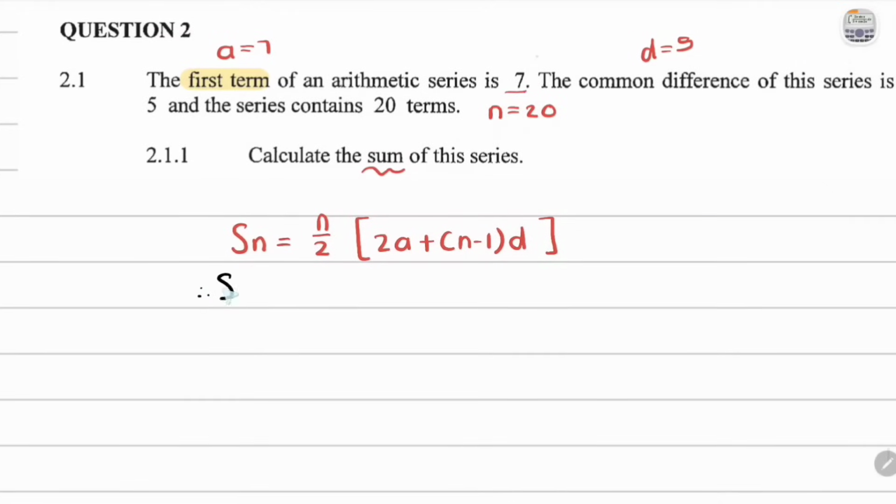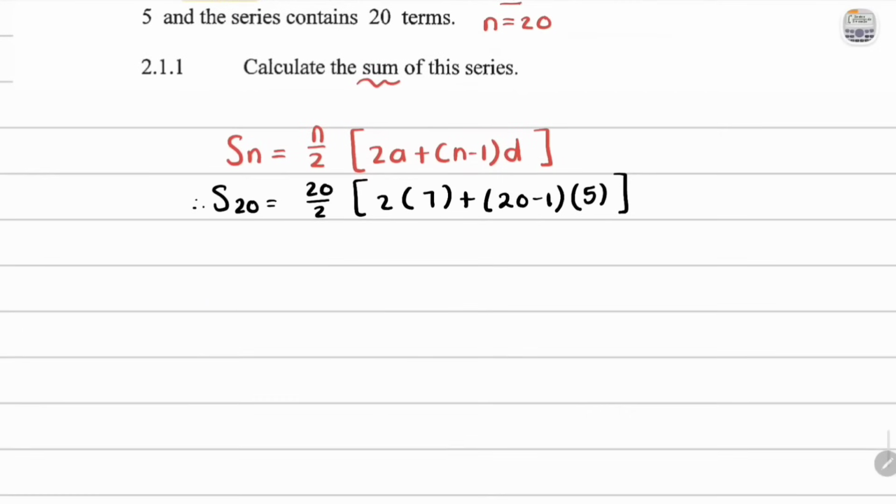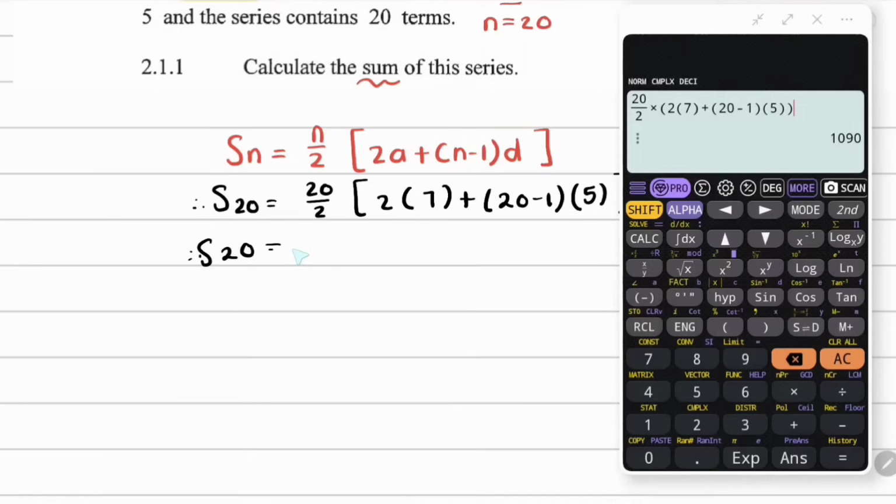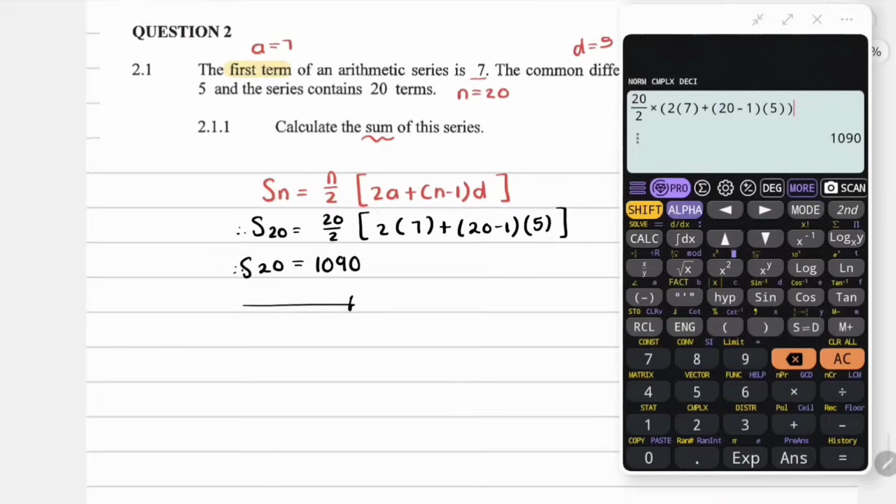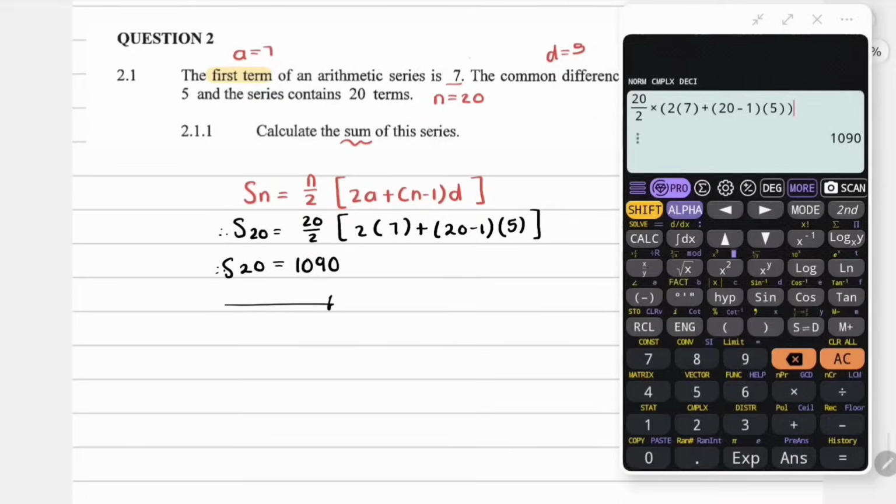So it means that the sum of 20 terms is equal to 20 over 2 times [2 times 7] plus, and we have 20 minus 1, and then we will multiply that by d, which is 5. And you can just punch that into your calculator and find out what the sum of 20 terms would be. So the sum of 20 terms gives us 1090, and that is our answer to this question.